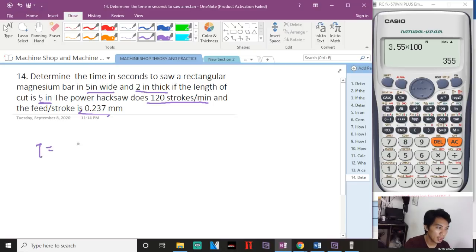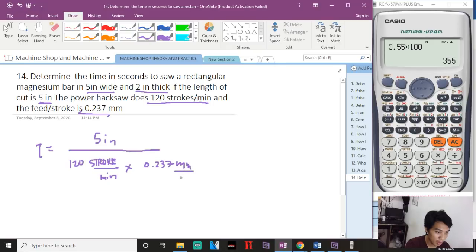So time will be equal to the length of the cut, 5 inches, over 120 strokes per minute, times yung feed per stroke, 0.237 mm.